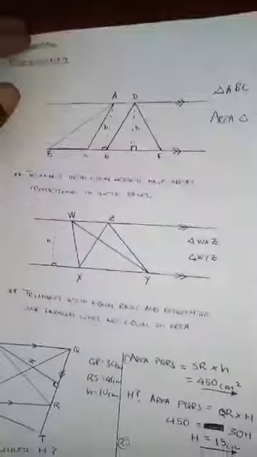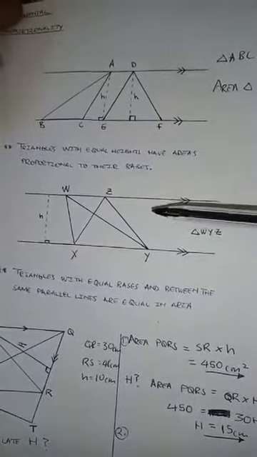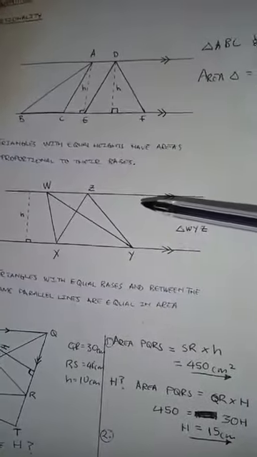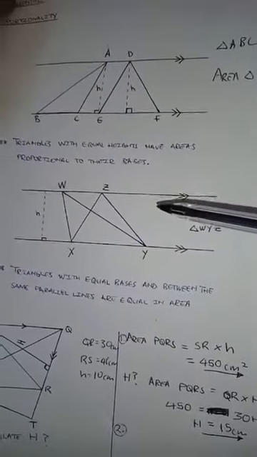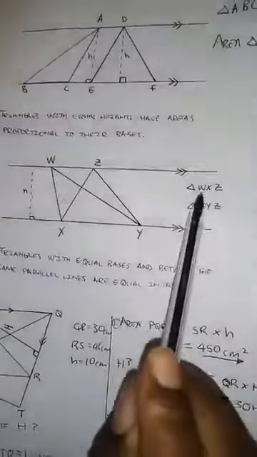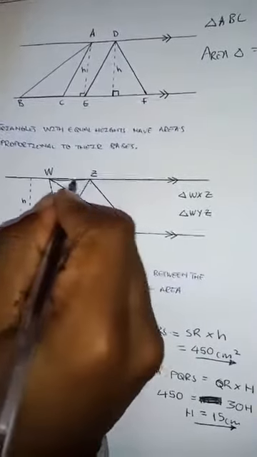And the second principle is that here, in this second scenario, you are given triangles with equal bases and equal height. Here you should be able to identify triangle WXZ, so the base is WZ.